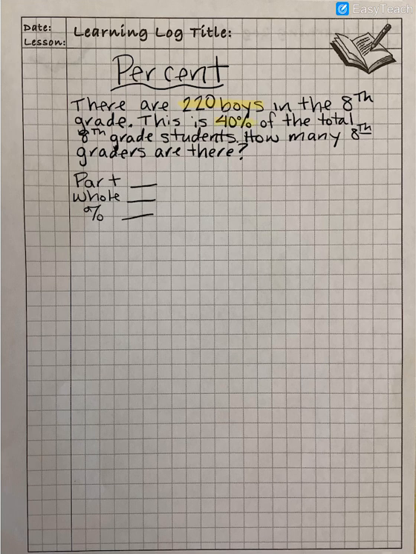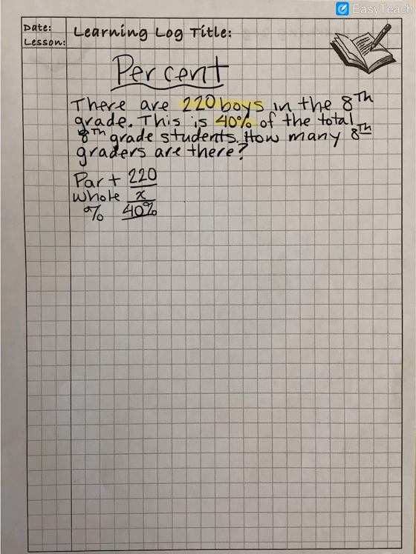The 40% represents our percent, and we want to know what is the total. So when we are filling in our part, whole, and percent, we would write, let's turn it on to a pen instead of the highlighter, 220 boys and 40%. And we are looking for what is our whole.